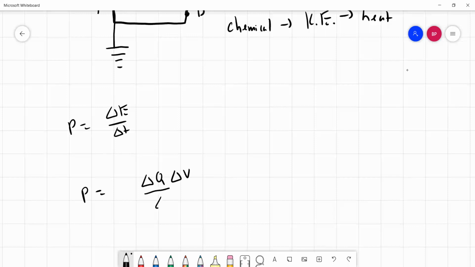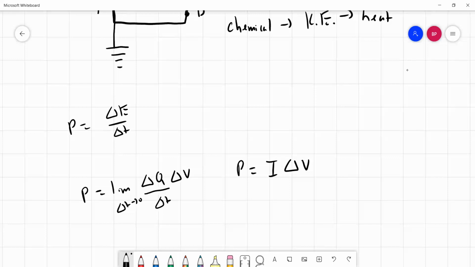And then we can divide by delta T and insist that delta T be really small. That's all this thing here means. But this here is exactly what we defined to be the instantaneous current. So the power in a circuit, the amount of energy that gets converted to heat per second, is the current times the change in voltage.